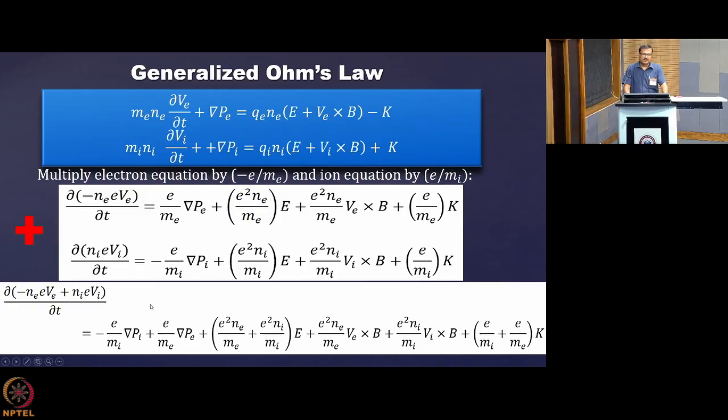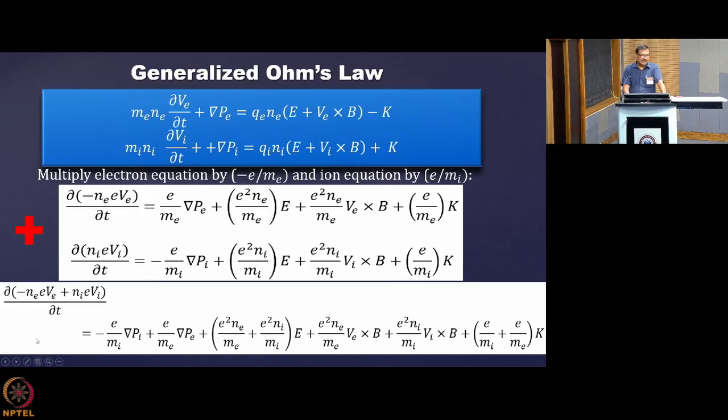Now in a plasma, if it is only singly ionized, then the pressure contributed by the ions and that by the electrons are equal because they are equal in number, and if it is a thermal plasma, then they have the same temperature. So Pi is equal to Pe is equal to the total pressure divided by 2, because the total pressure is basically contributed by these electrons and ions.